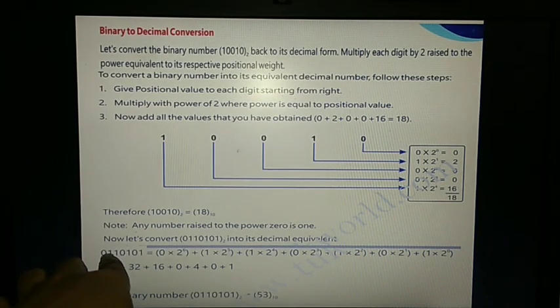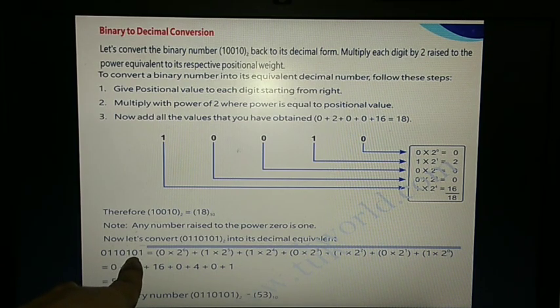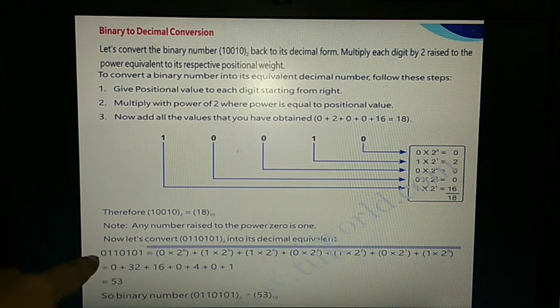That is 0 into 2 to the power of 6 plus 1 into 2 to the power of 5 plus 1 into 2 to the power of 4 plus 0 into 2 to the power of 3 plus 1 into 2 to the power of 2 plus 0 into 2 to the power of 1 plus 1 into 2 to the power of 0. Cleared this statement, the first statement.